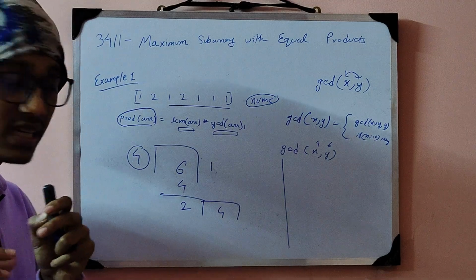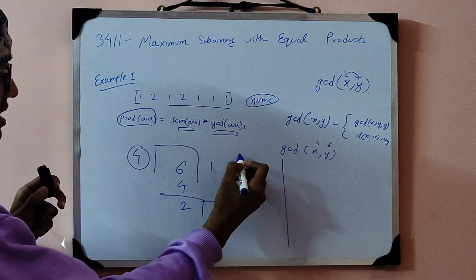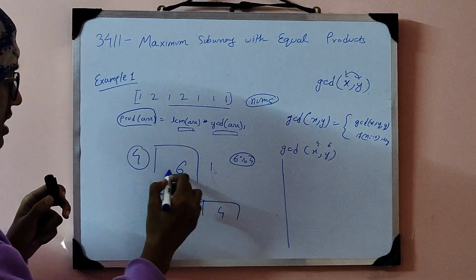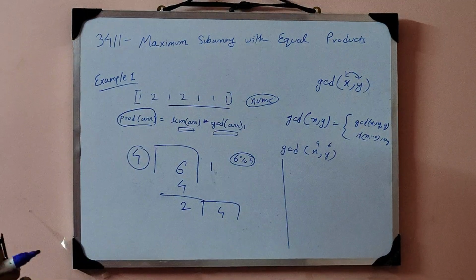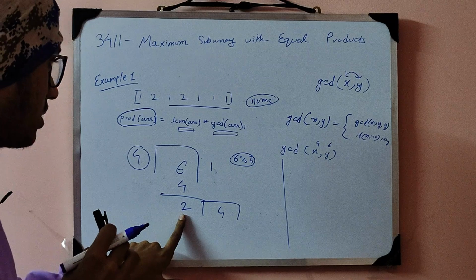And how are we getting 2? By performing this function 6 modulo 4. 6 modulo 4 is giving us 2 because modulo gives us the remainder.